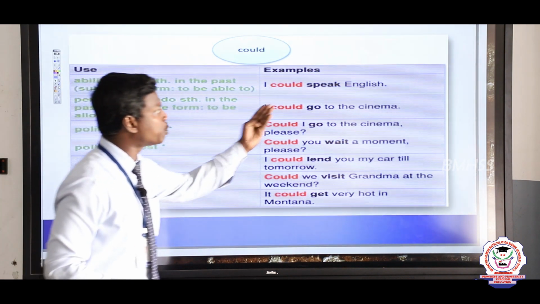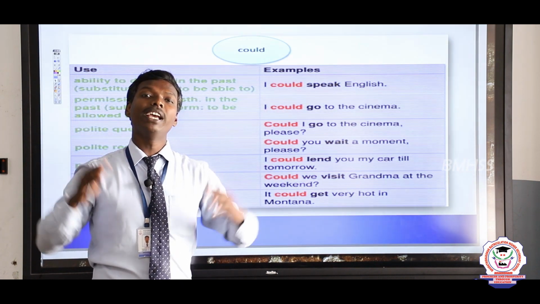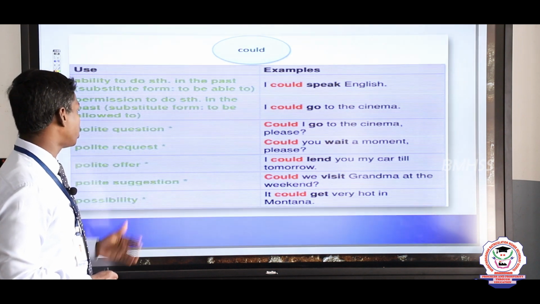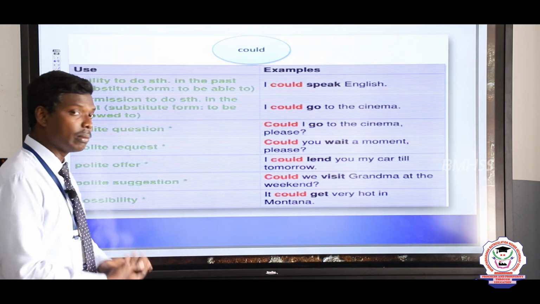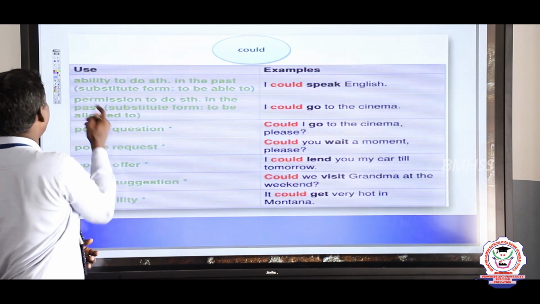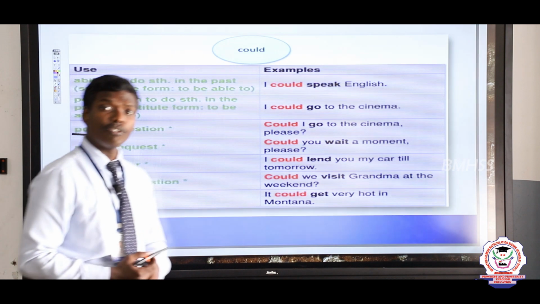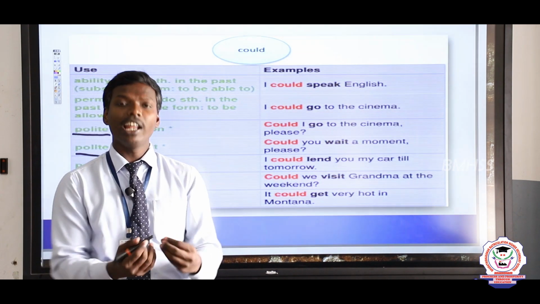When I say I could speak English, it really means I was able to speak English. And whenever you are talking about a polite request, polite offer, polite suggestion or possibility, you must understand the word polite. So normally we use could for a polite request, polite offer, polite permission.